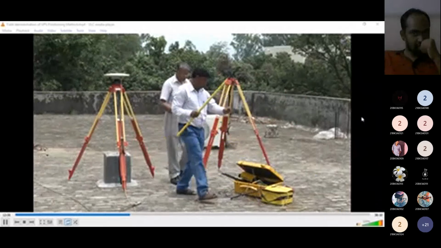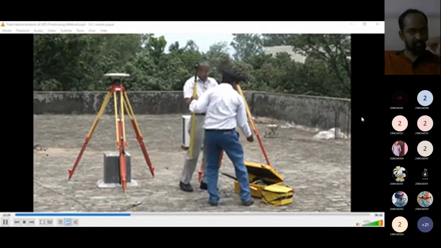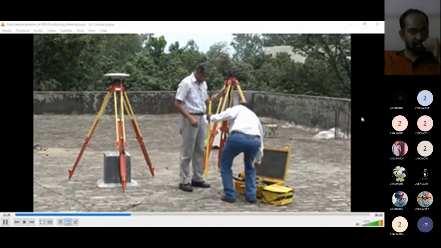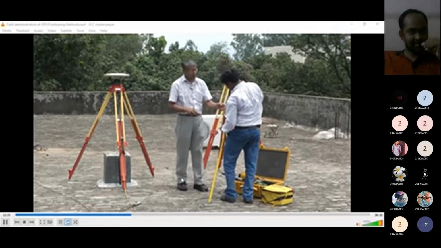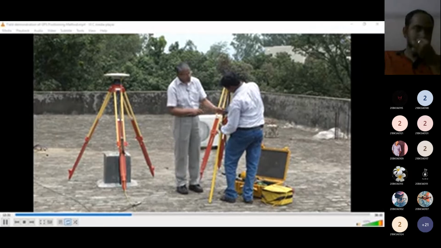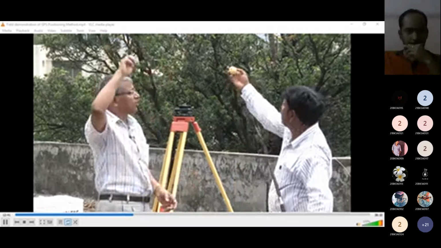So this is the communication antenna, which has to be connected to a stand so that the antenna height gets high enough so that the communication can go far off.